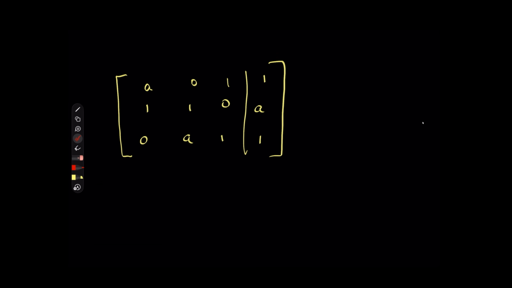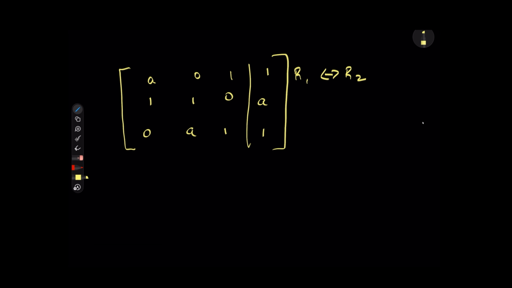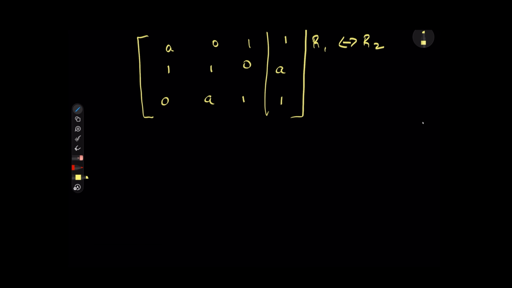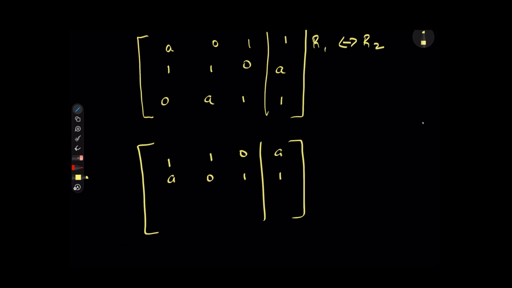So I'm going to take row 1 and interchange it with row 2. So when I do that, I will have 1, 1, 0, A; 0, A, 1, 1; A, 0, 1, 1.